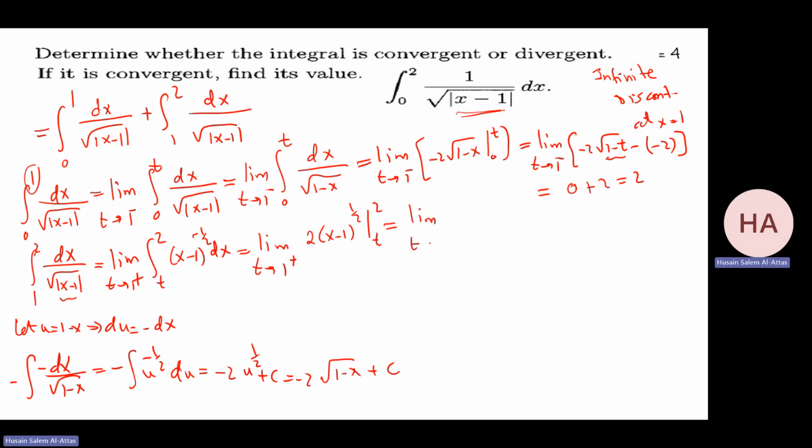Limit as t goes to 1 from the right of, substituting the 2, 2 minus 1, that will be 2 minus 2 times t minus 1 to the power half. As t goes to 1, this is 0. So I have 2 minus 0, which is 2. So this is 2 plus 2, which is 4. And this is my answer.